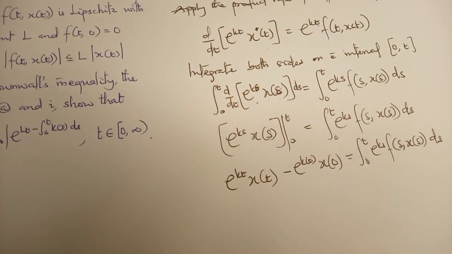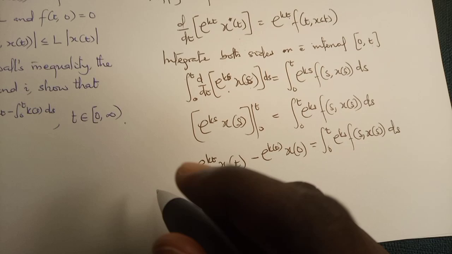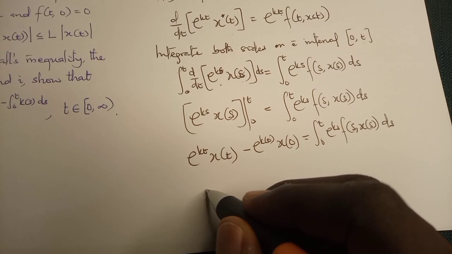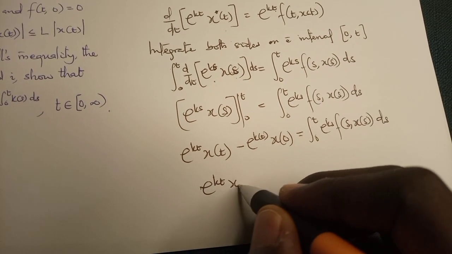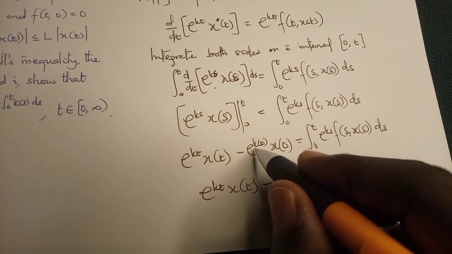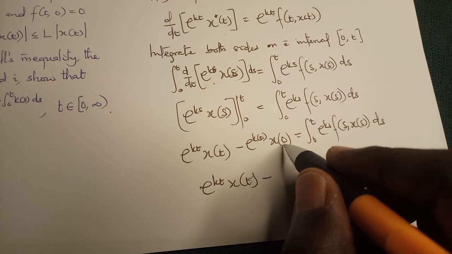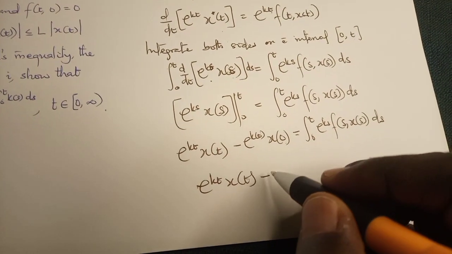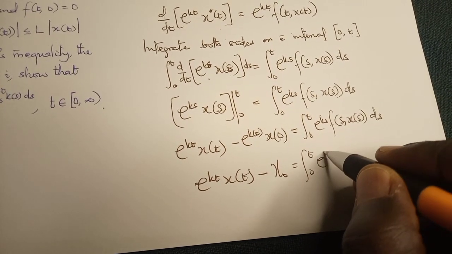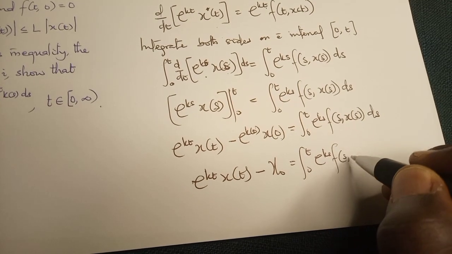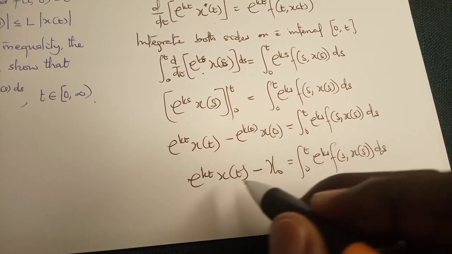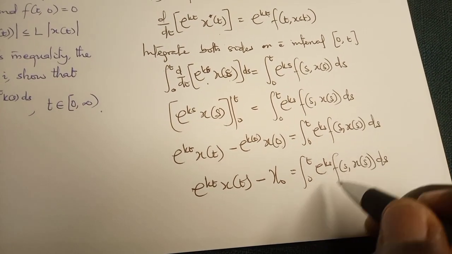Now simplifying, we have e exponent kt x of t minus, e exponent 0 is 1, and x of 0 gives us x naught from the condition, so x naught, equals the same thing. Then we can make x of t the subject.